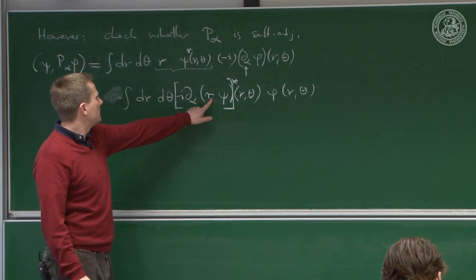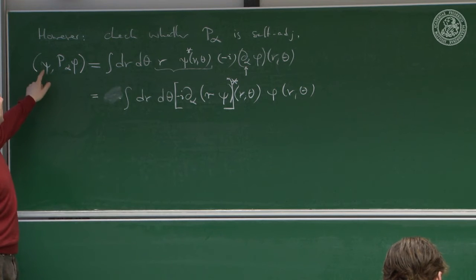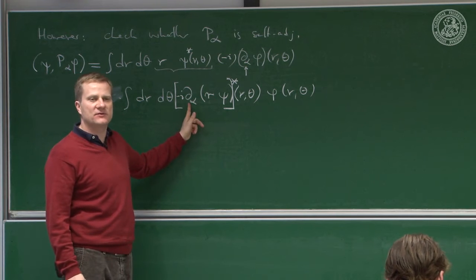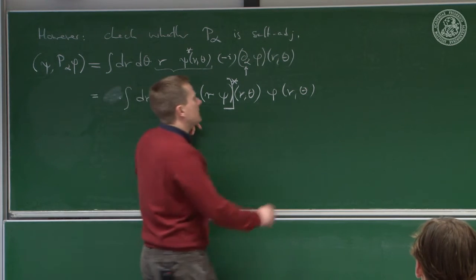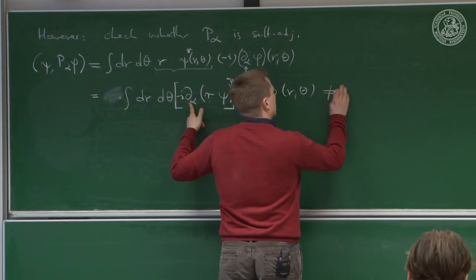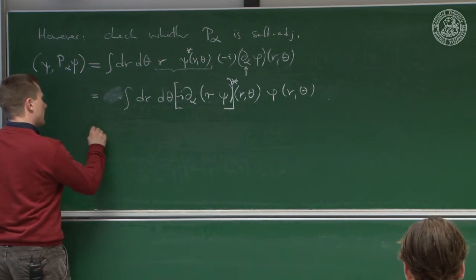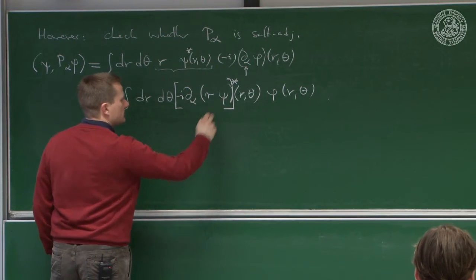The r should be out here in order to yield P alpha psi comma phi. But the r, unfortunately, is in here after this derivative. Okay? So generically this is not, well, let me write down what it is rather than what it is not. Okay, so now let's apply this derivative to this factor and to that factor.